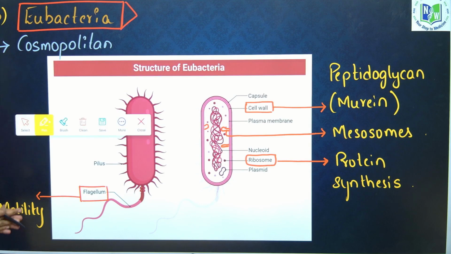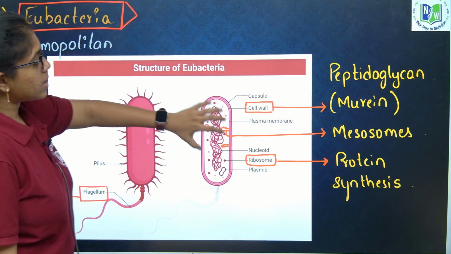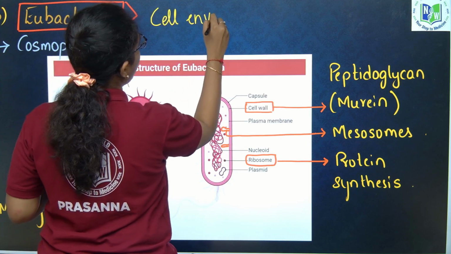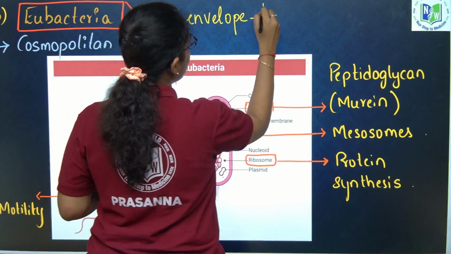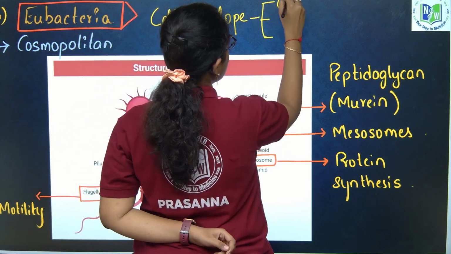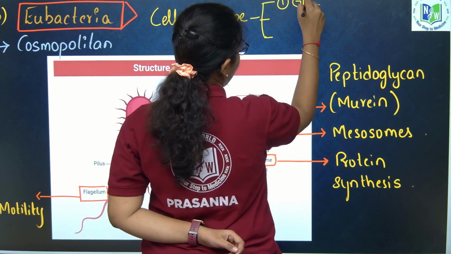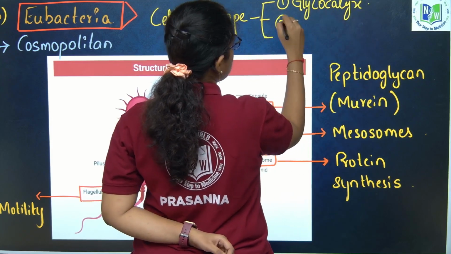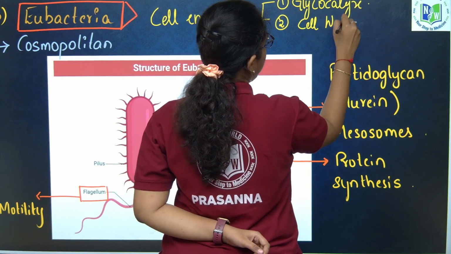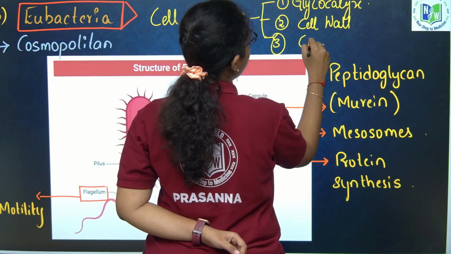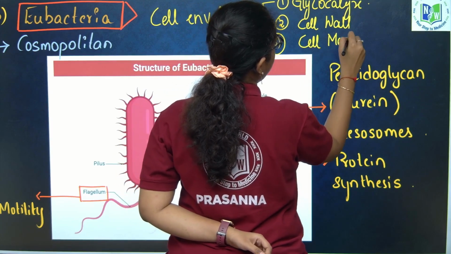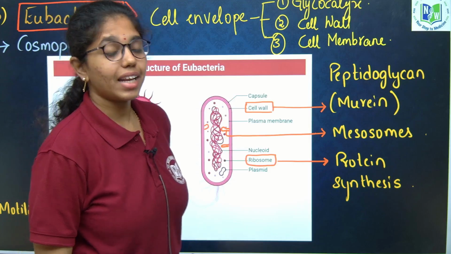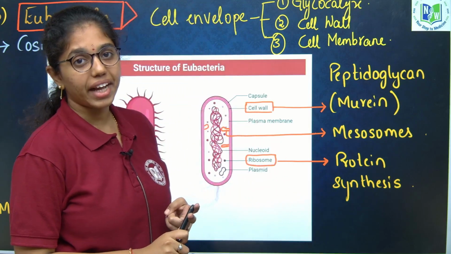If you look into the cell of a eubacterium, the cell envelope is composed of three components: one is glycocalyx, second is cell wall, and third is cell membrane or plasma membrane. Glycocalyx can exist in two forms, capsule and slime layer.